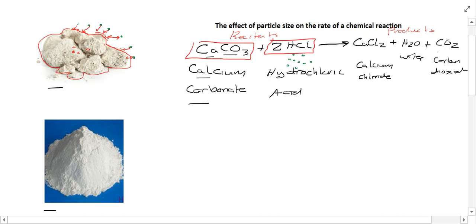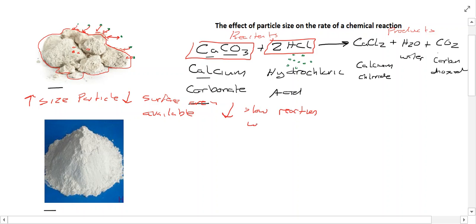So the bigger the size of the particles, the less surface area available, and if there's less surface area available, the slower the reaction will take place.